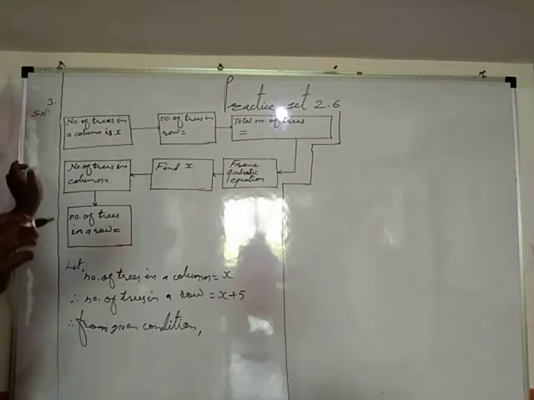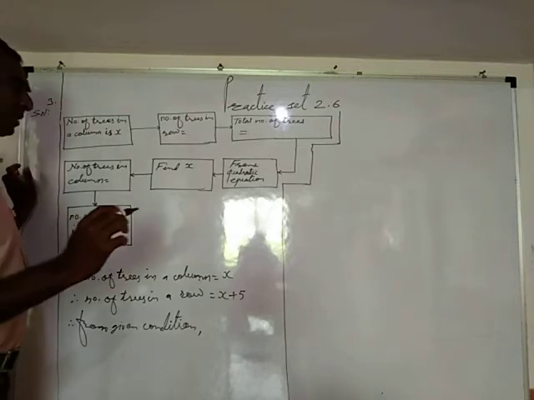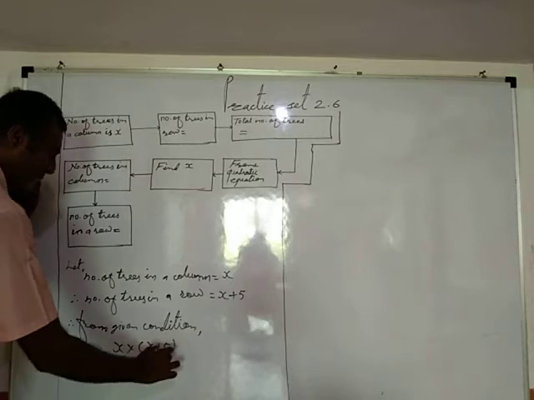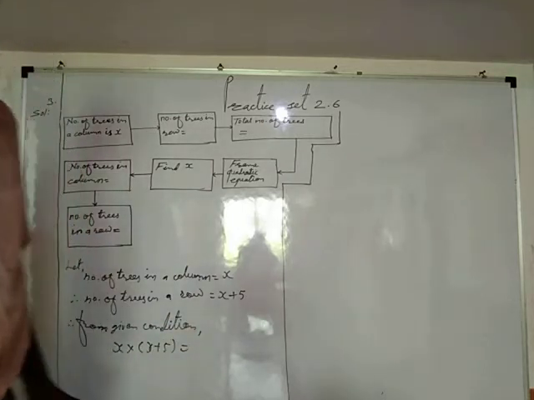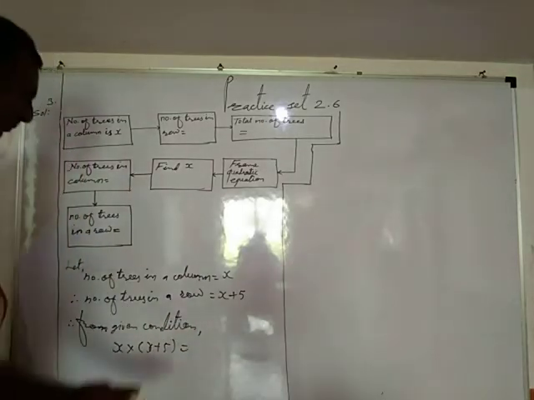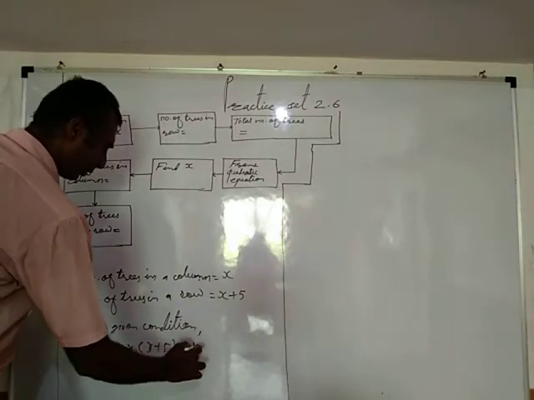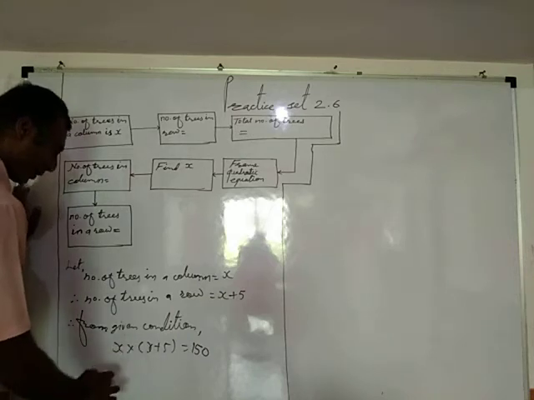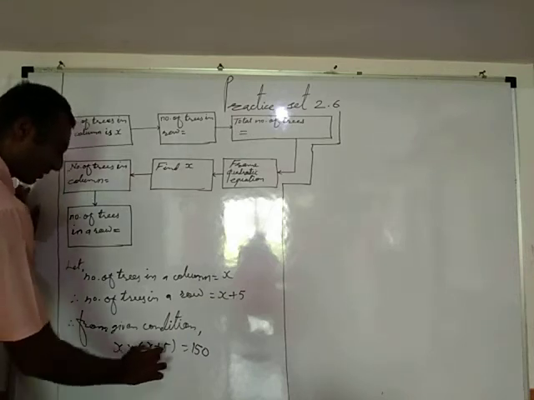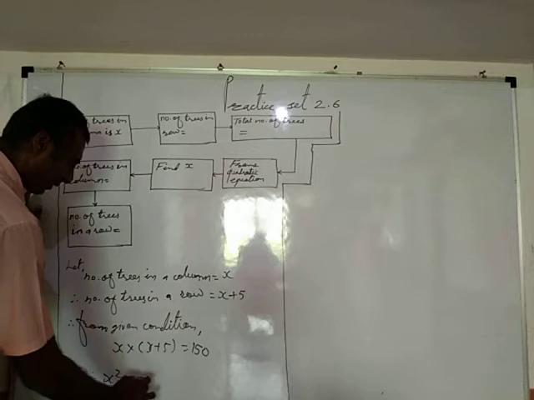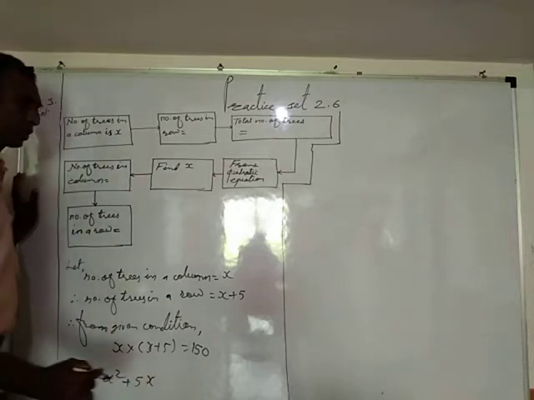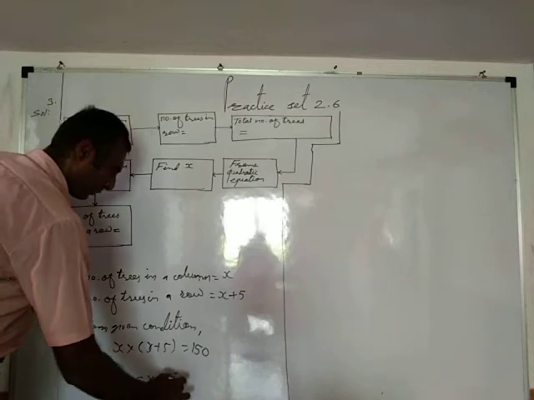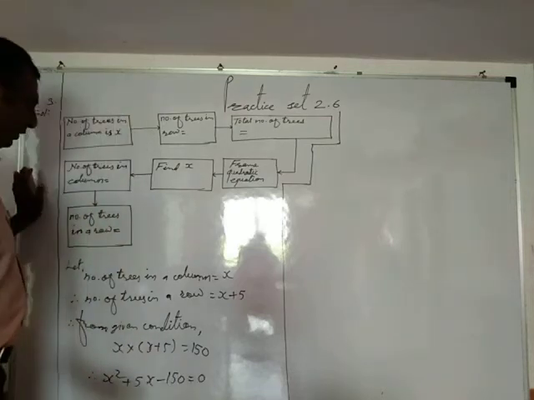Means number of trees in column into number of trees in a row must be x into x plus 5. That must be equals, total number of trees are 150. Okay, and let's simplify this equation. X into x gives us x square, x into plus 5 gives us plus 5x. Let's transfer those 150 from right to left, giving us minus 150, that equal to 0.